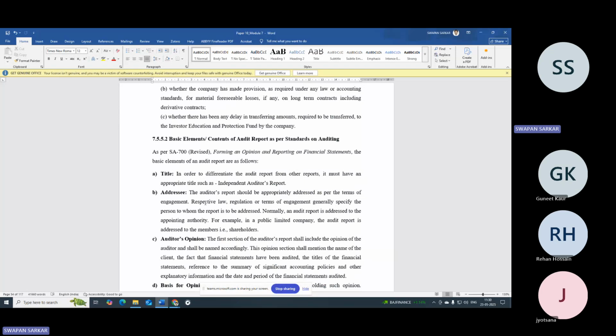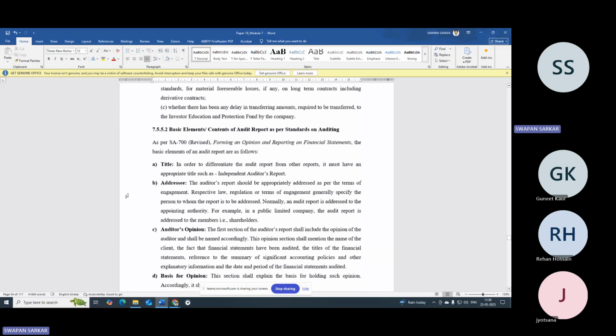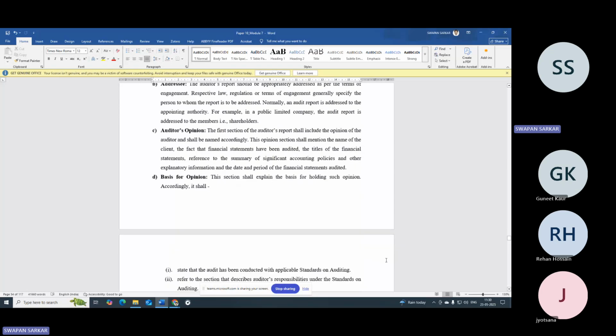For example, in a public limited company, the audit report is addressed to the shareholders or members. Then, auditor's opinion. The first section of the auditor's report shall include the opinion of the auditor and shall be named accordingly.